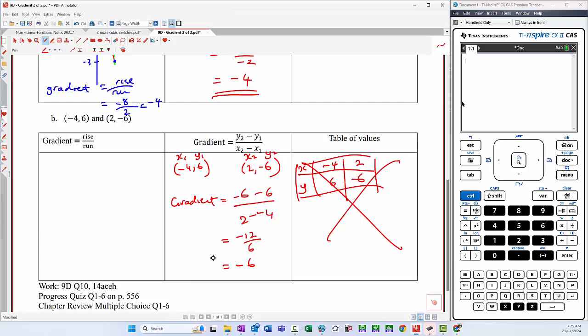So we're going to suggest to you that the gradient is -6. No, that's wrong. Lucky I caught that before I hit stop. 6 goes into 12 2 times. The gradient is -2.